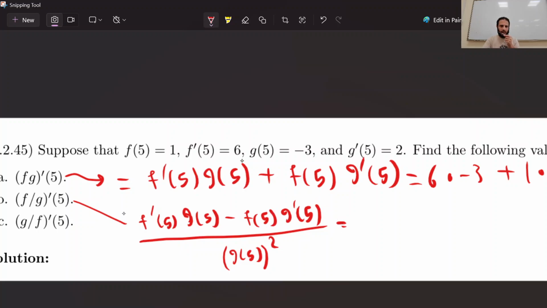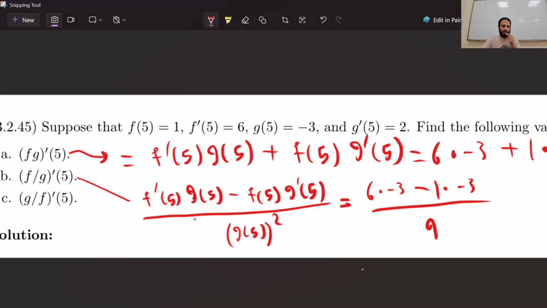Now you substitute the values from the question. So f prime of 5 is 6, times g of 5, which is minus 3. Then minus f of 5, which is 1, times g prime of 5, over g of 5 squared, minus 3 squared is 9. So minus 18 plus 3 over 9.